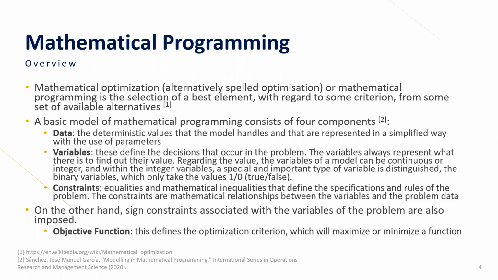Okay, and other than data, you also need to understand the variables, where a variable means the decision that you want to make regarding the optimization problem. Variables will define the decisions that you are going to make for those optimization problems.